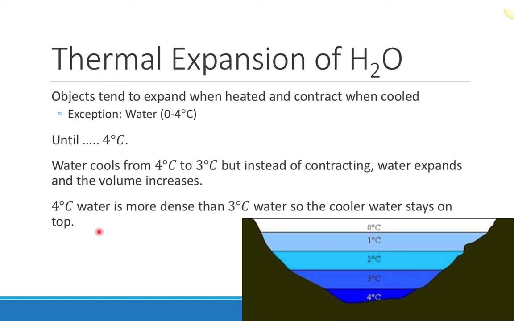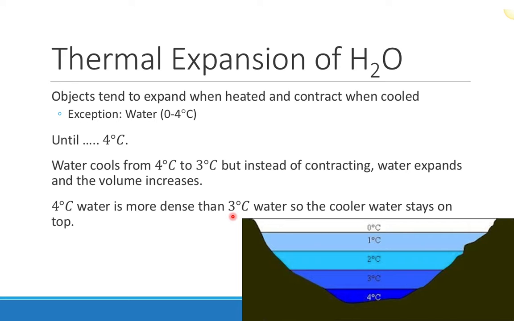In general, the colder it is, the more compact and the more dense it is. But water behaves weird between 4 and 0 degrees Celsius. As it cools in that 1 degree Celsius, the water actually expands, becomes less dense, and the 3 degree Celsius water will stay on the top instead of sinking to the bottom.